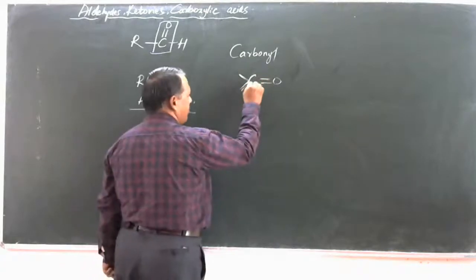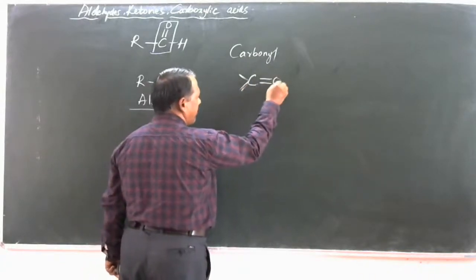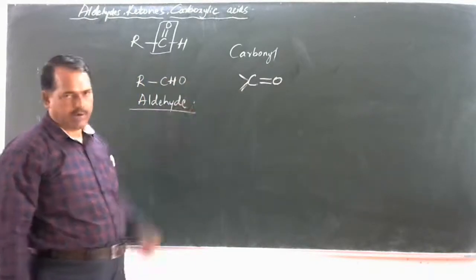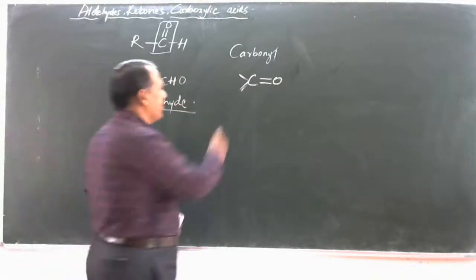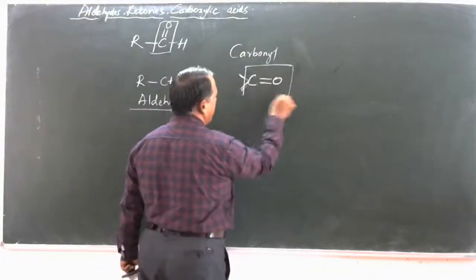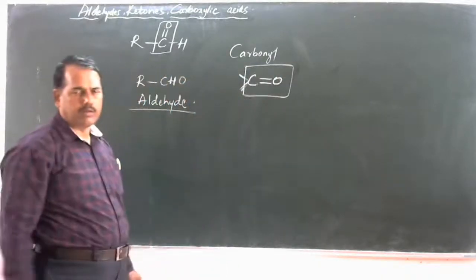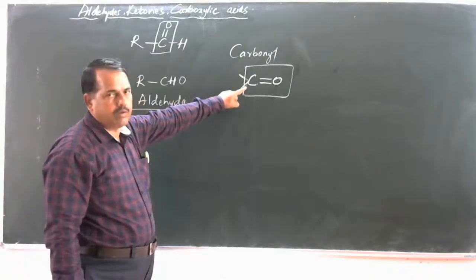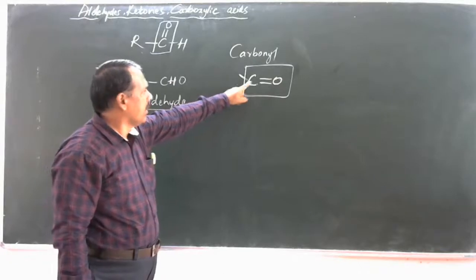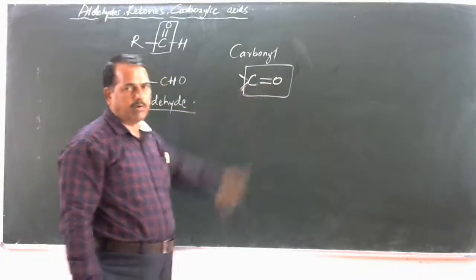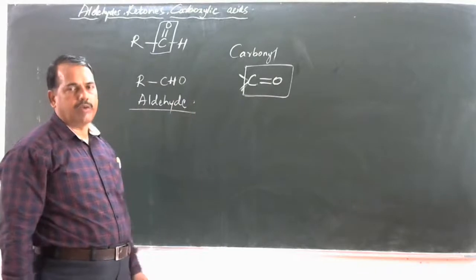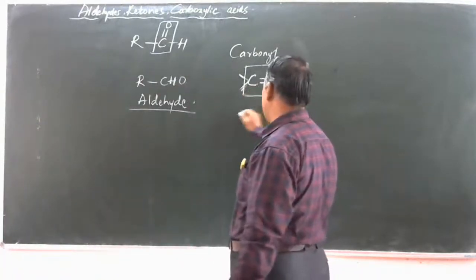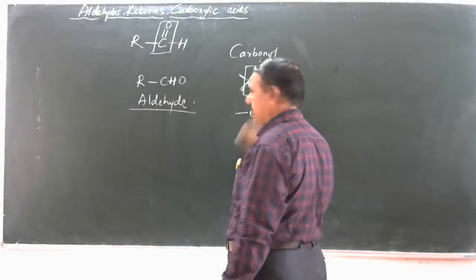Carbon is bonded to an oxygen atom with a double bond, and here the carbon is sp2 hybridized. This particular group is called the carbonyl group. Are you clear?